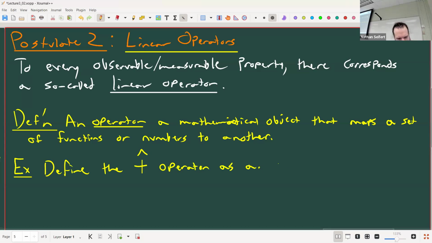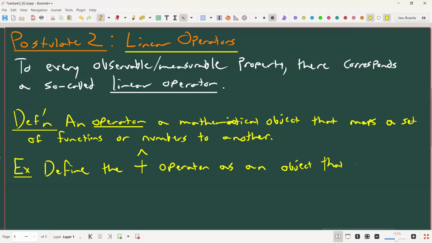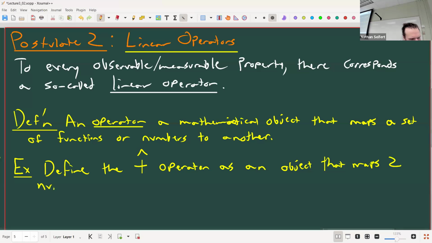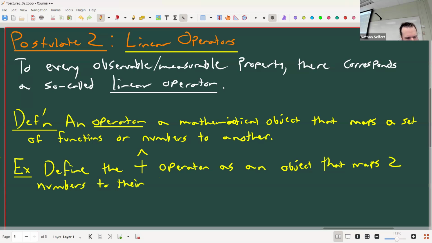As an object that maps two numbers to their sum. All right, so let's do an example. What's plus operated on 1 and 1? 2. Yeah, okay. All right, we're masters at operators already, right?